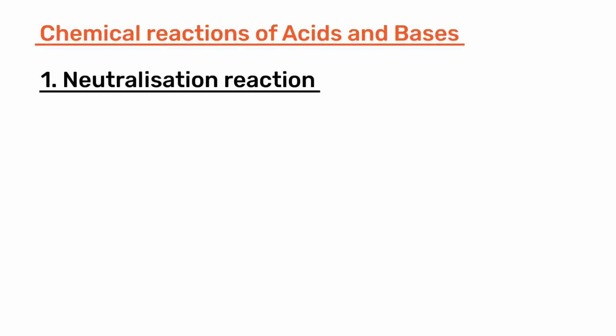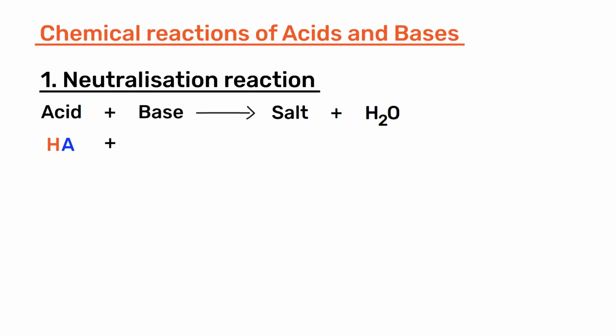Here are some chemical reactions of acids and bases. One is the neutralization reaction. Acids react with base to form salt and water. An acid has a proton and the anion, and you have a base with a hydroxide ion and a metal ion.